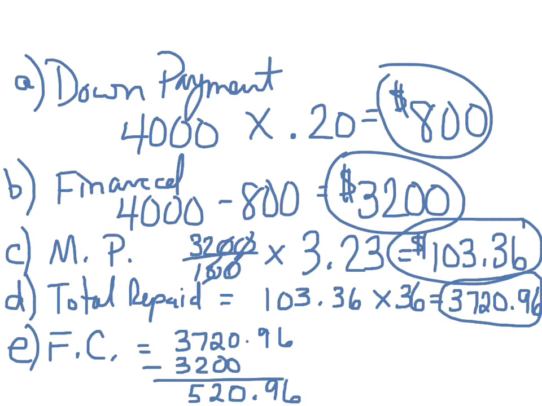Then we take that answer that Brian gave us, times how many months, that gives us how much we repaid total. And then we take how much we repaid minus how much we financed to give us, for Ingrid's gazebo, $520.96 that she had to pay over and above what she financed in order to have her gazebo.